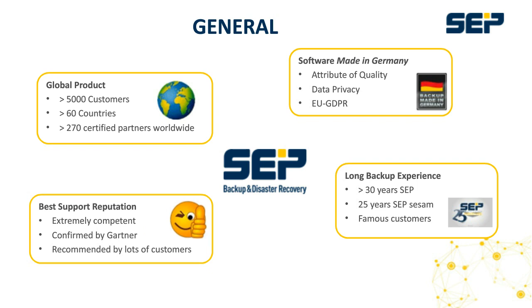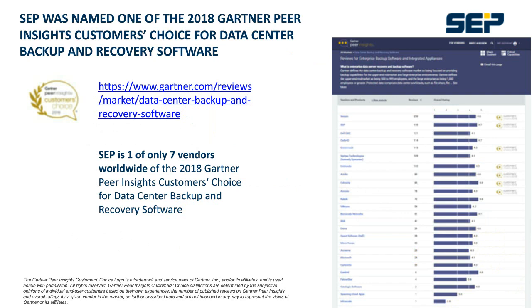Especially we are very proud of our support reputation, and we will see an additional slide on that topic right now. I'm very sure that everyone knows the analyst company Gartner.